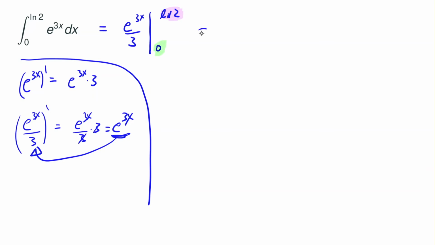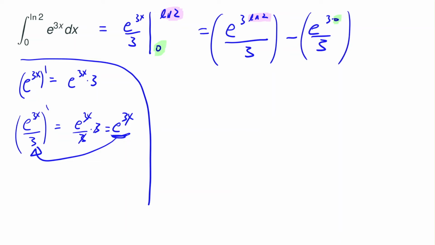It has to be in this order, where we plug in the upper one first. e to the 3 ln 2 over 3 minus e to the 3 times 0 over 3. So I plug ln 2 here, and I plug 0 here. Maybe it's a good habit to always put parentheses around it to show that we're plugging in two different times, at the upper bound and lower bound.